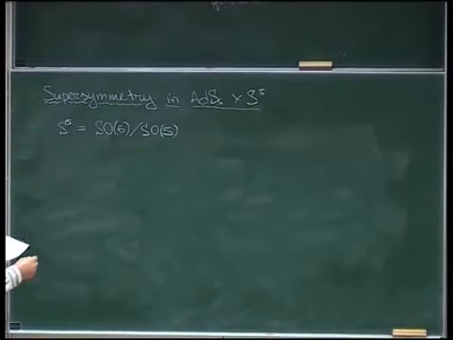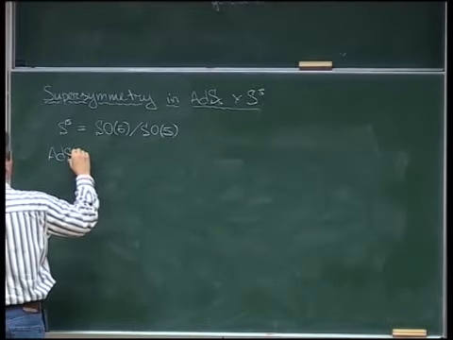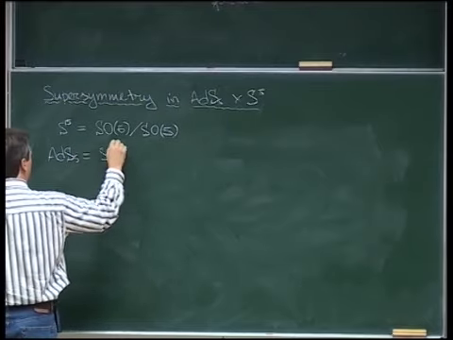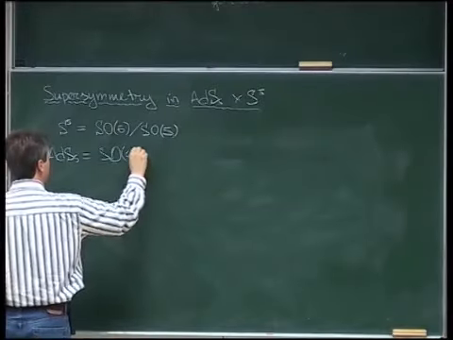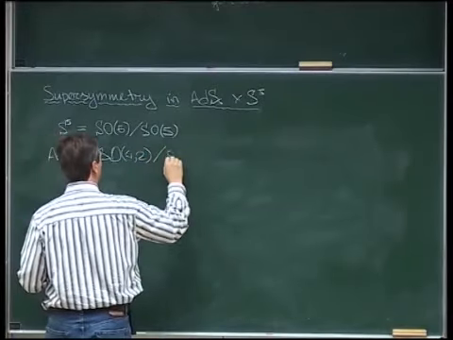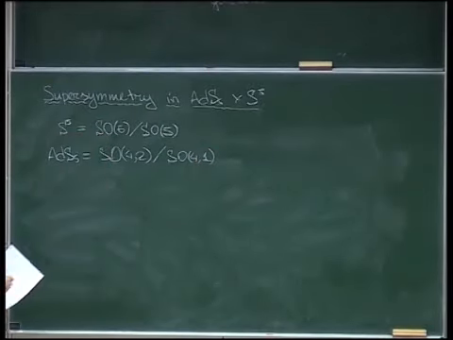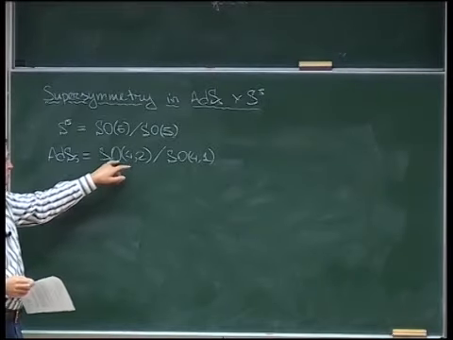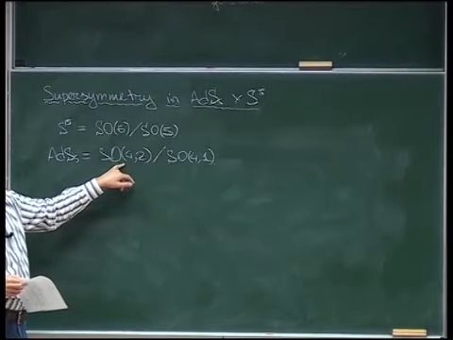Now, AdS5 can be represented as a coset of SO(4,2) over SO(4,1). It is a homogeneous space with SO(4,1) being its isometry group.